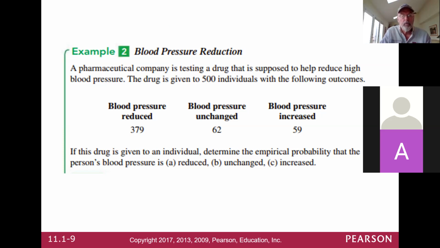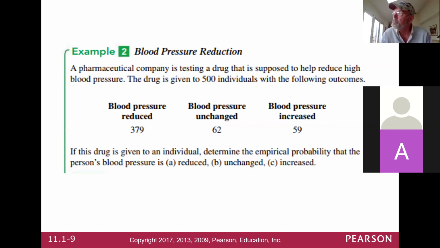If we take the first one, what would be the probability that the blood pressure is reduced? It'd be 75.8%. Jason, how did you get that percent?